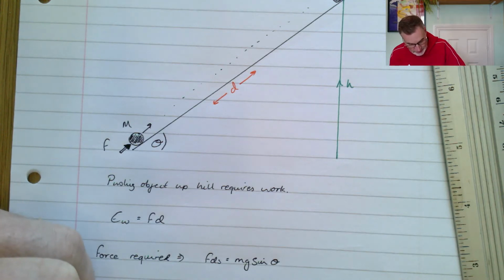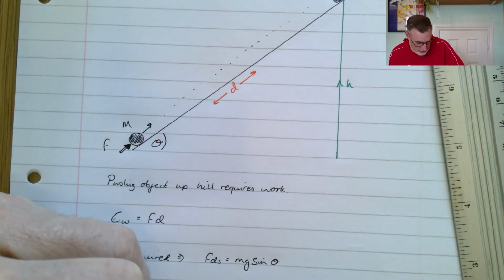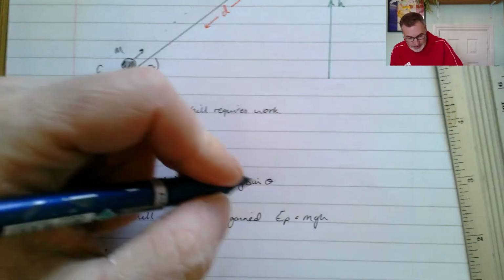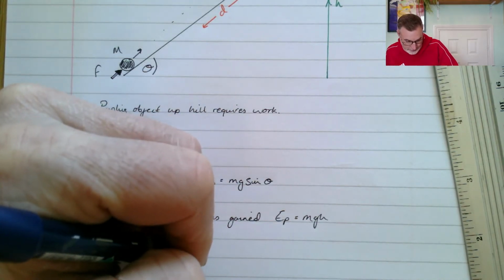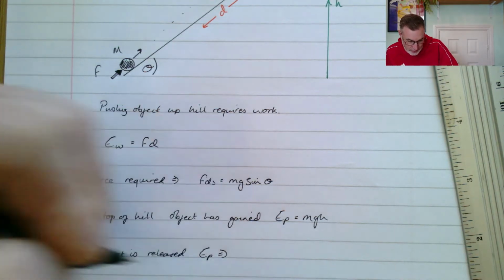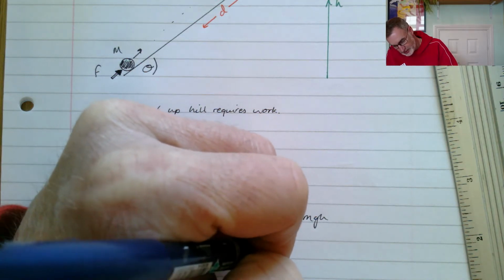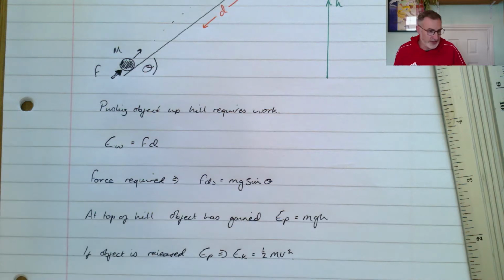So if the object is released, then EP will be converted into EK, which is half mv squared. So let's look at an example.